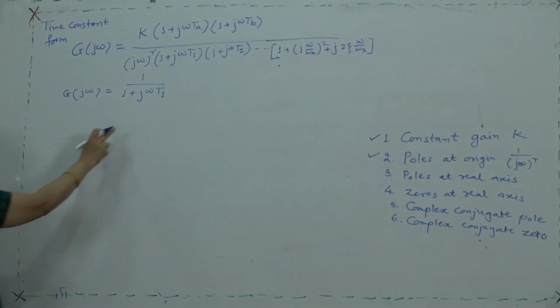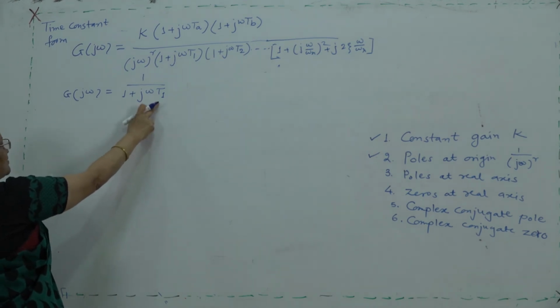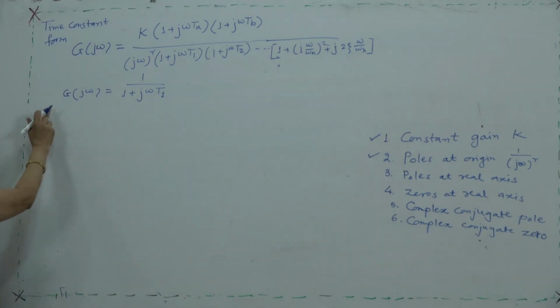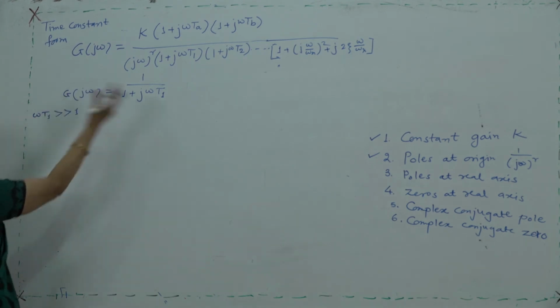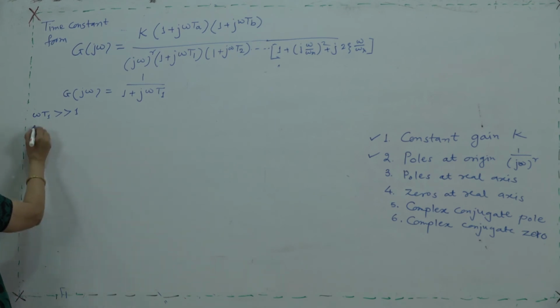Similarly, you can consider what is corner frequency. Last time we have seen, you have to consider omega t 1 is far greater than 1, that is upper frequency range, or in other words you can write omega is far greater than 1 upon t 1.